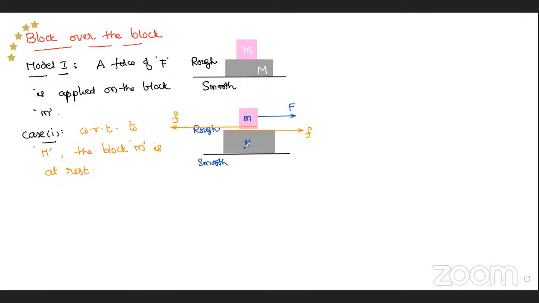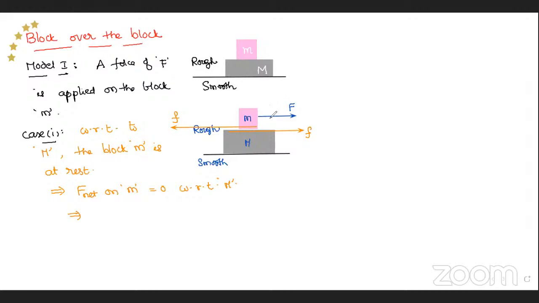The block m is at rest with respect to capital M, which means F net on small m is equal to 0 with respect to capital M. Is it correct? Yes.